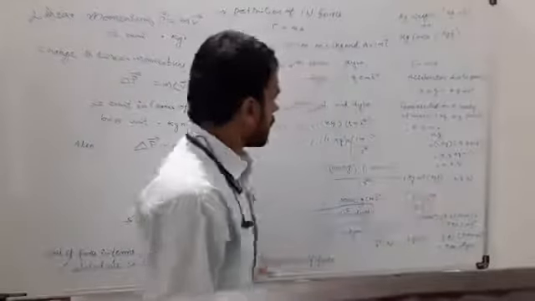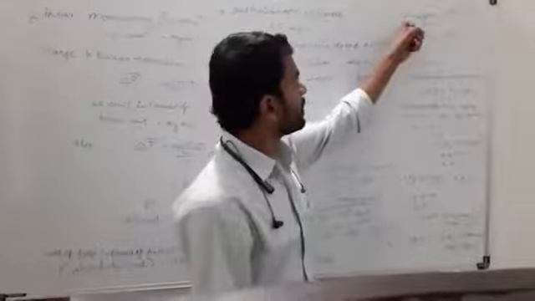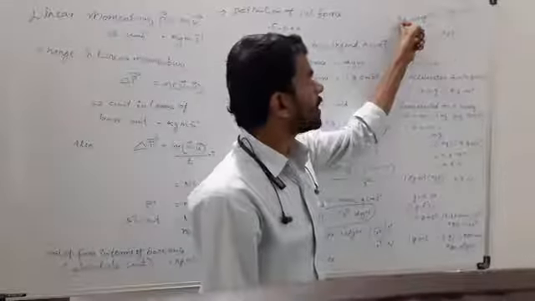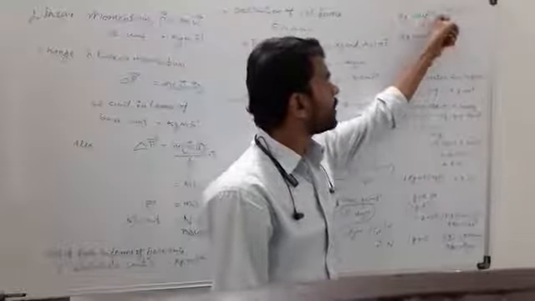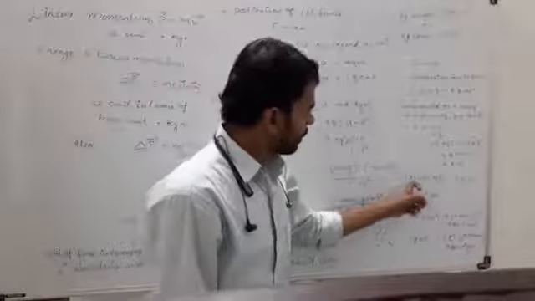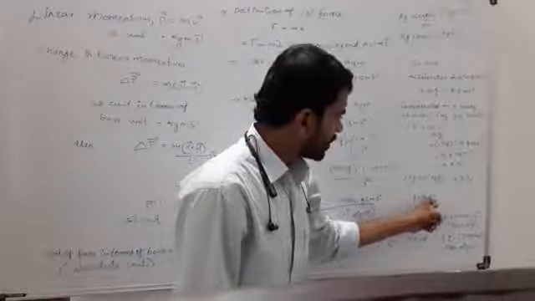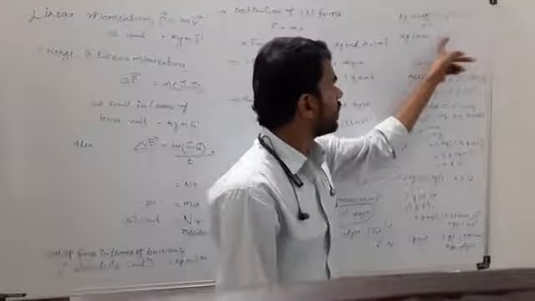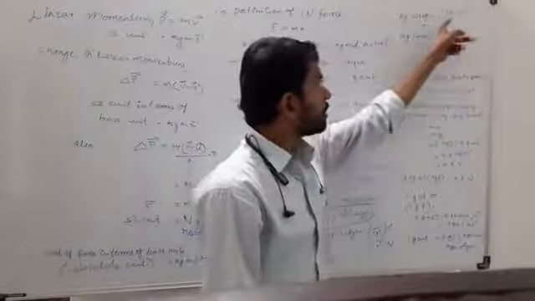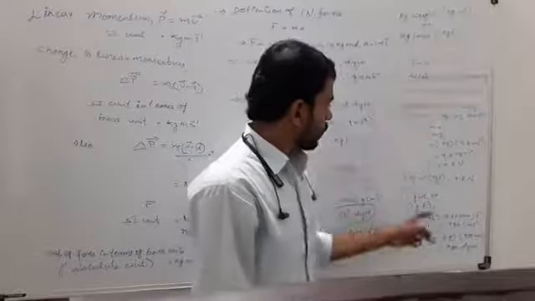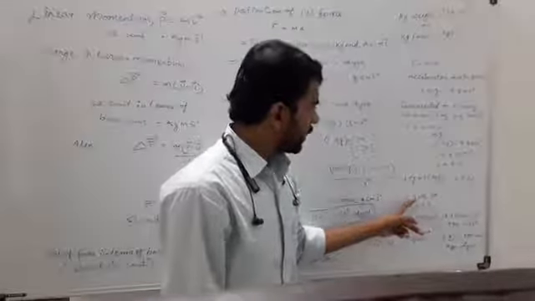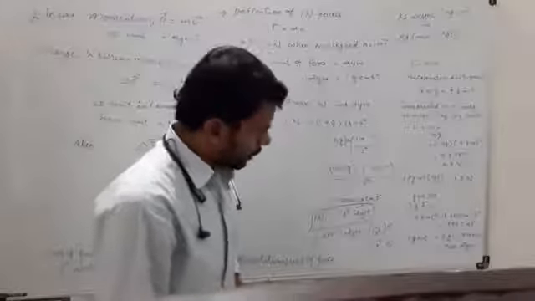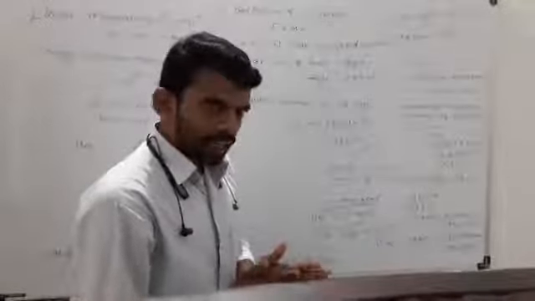Gram weight. In the SI unit, it is kilogram weight. In the CGS system, it is gram weight or gram force, and in the SI system, kilogram weight or kilogram force.